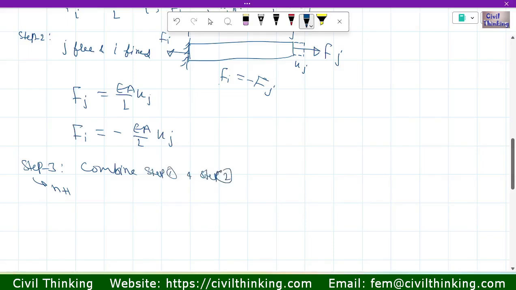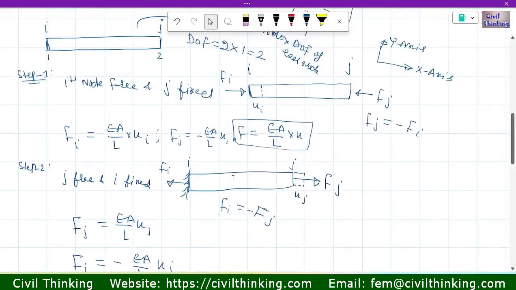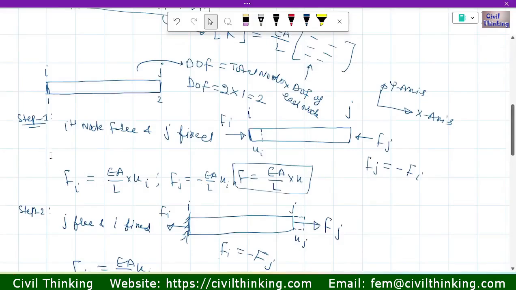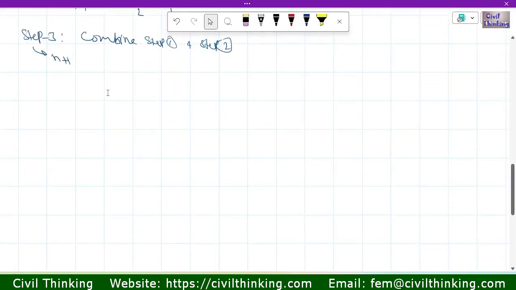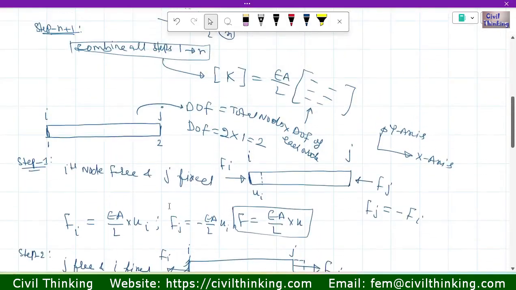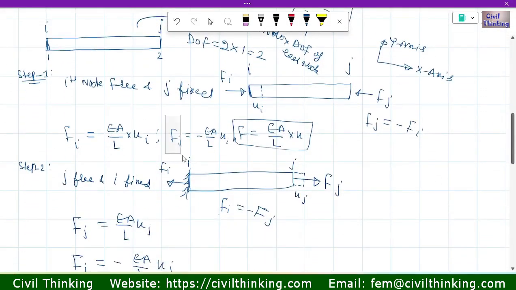What does it mean to combine? We basically mean we will find all the forces, for example Fi and Fj. Here it is Fi. I will copy it here. Okay, we have copied this, then we have Fj here.